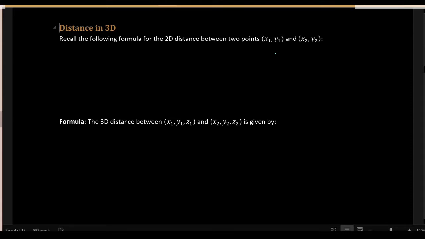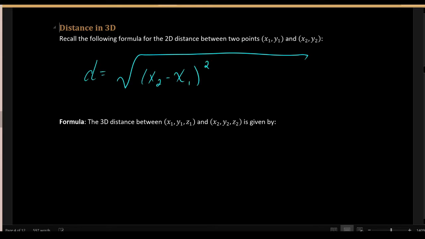If we had 2 points, one called x1, y1, and the other called x2, y2, then the distance between those points could be found by taking the 2 x coordinates, finding their difference, squaring that, taking the 2 y coordinates, finding their difference, and squaring that, add those 2 results together, and then take the square root of the entire thing.